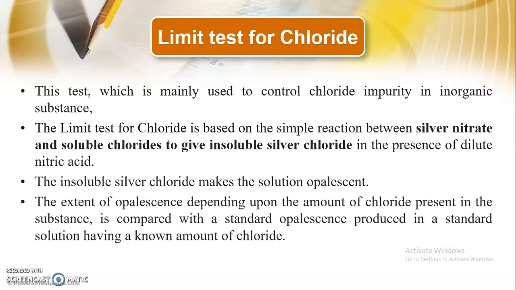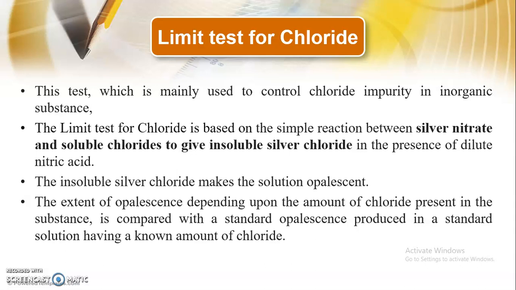The extent of opalescence produced depends upon the amount of chloride present in the substance, which is compared with the standard opalescence produced in a standard solution having a known amount of chloride. As I said, we compare either the opalescence, the turbidity, or the color that is produced.